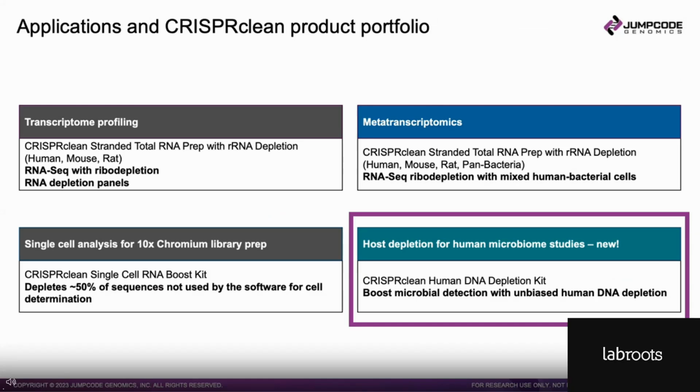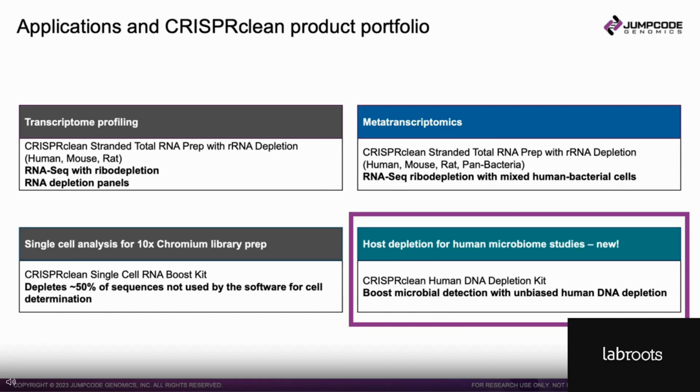Here, I'm listing out some of the CRISPRclean product portfolio. Starting from the top left, we have CRISPRclean stranded total RNA prep with ribosomal RNA depletion. This product is used in removing human, mouse, and rat ribosomal RNA from RNA-seq data. We also have CRISPRclean stranded total RNA prep with ribosomal RNA depletion, which is used in removing human, mouse, rat, and also pan-bacterial ribosomal RNA from RNA-seq data with mixed human and bacterial cells.